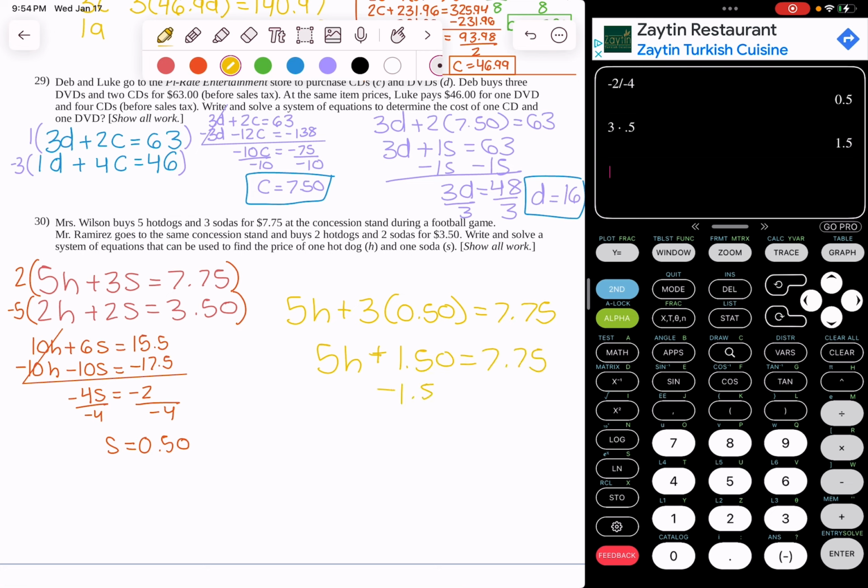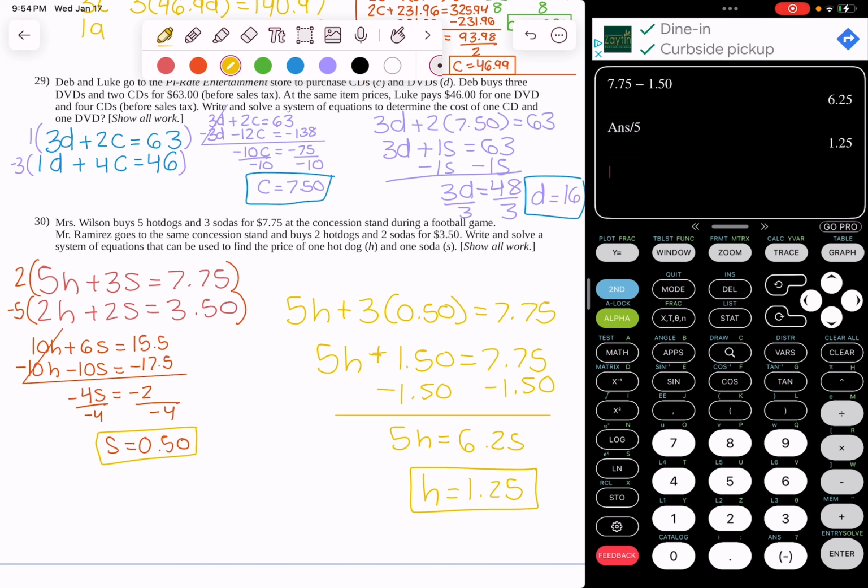Minus 1.50, we get 5h is equal to 7.75 minus 1.50, which is 6.25. Let's divide that by 5, and we get hot dogs are $1.25. So hot dogs are $1.25, and soda is 50 cents, and that's what they wanted us to find.